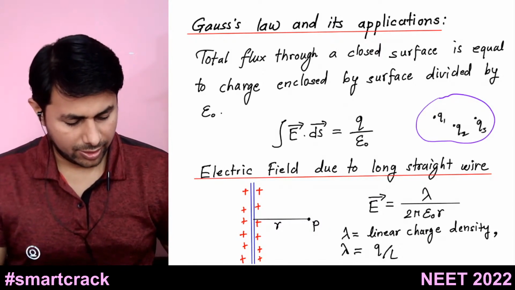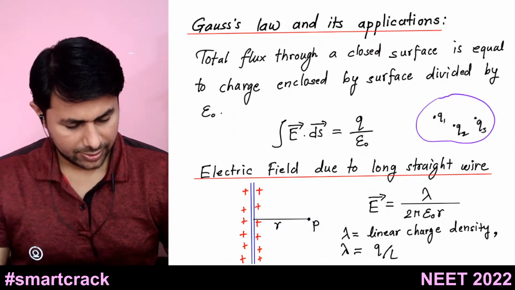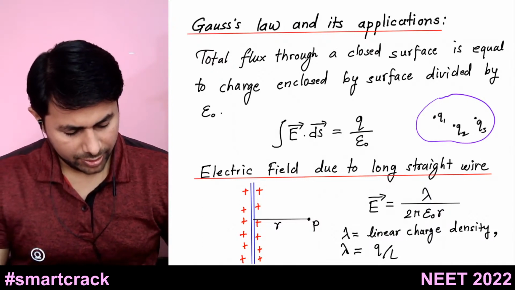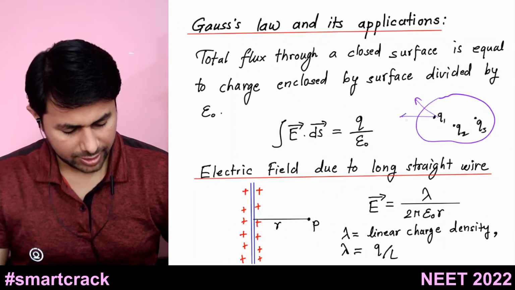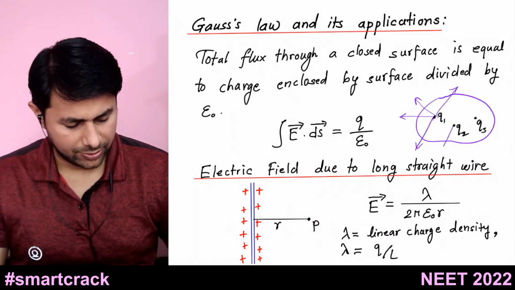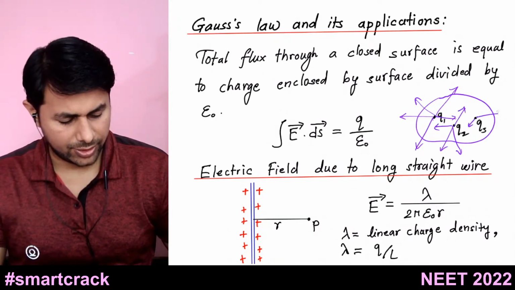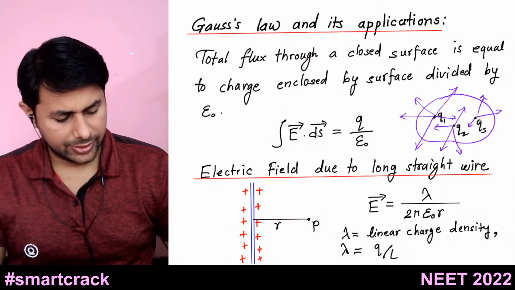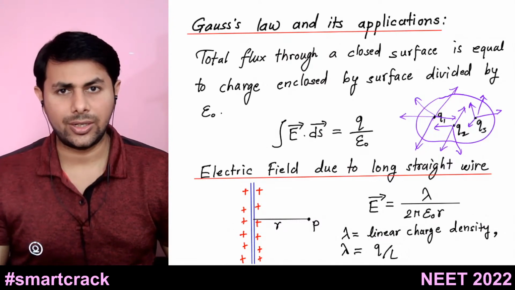So there will be electric field lines due to all of these charges. The sum of all those electric field lines passing normally is the flux. There are electric field lines due to q1, due to q2, due to q3, radially outwards or inwards depending upon whether the charge is positive or negative.